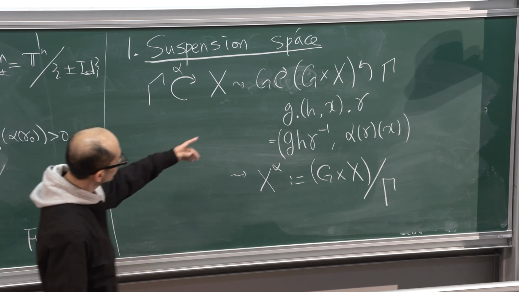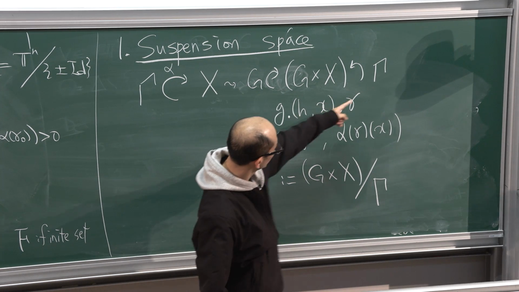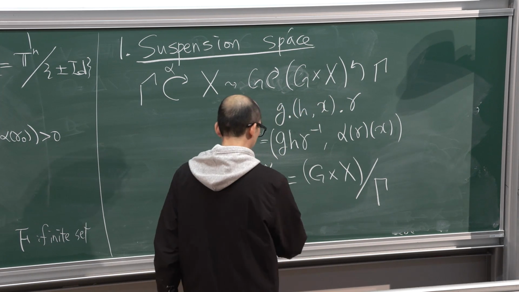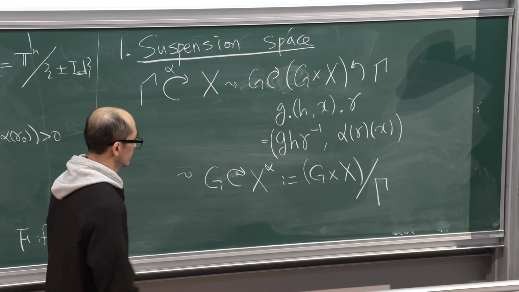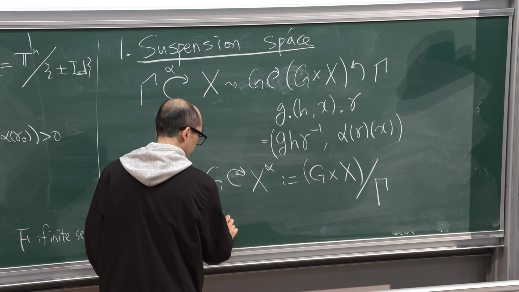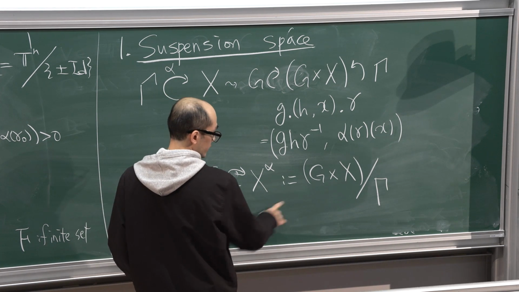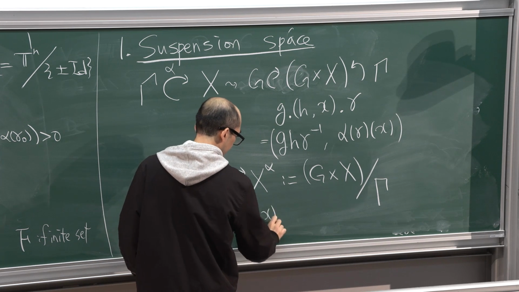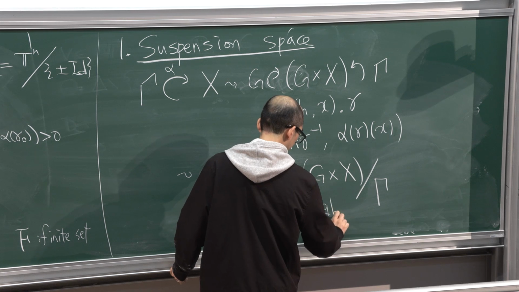The left G action commutes with the right Gamma action, so there is a natural G action on it. If you think about the quotient space, this is basically just left translation.